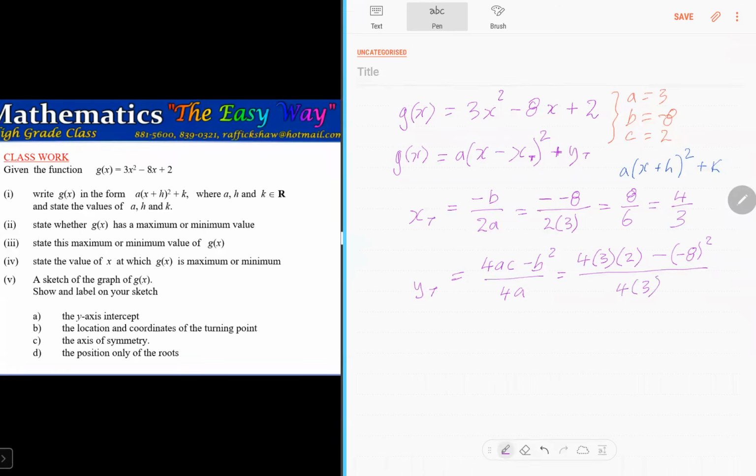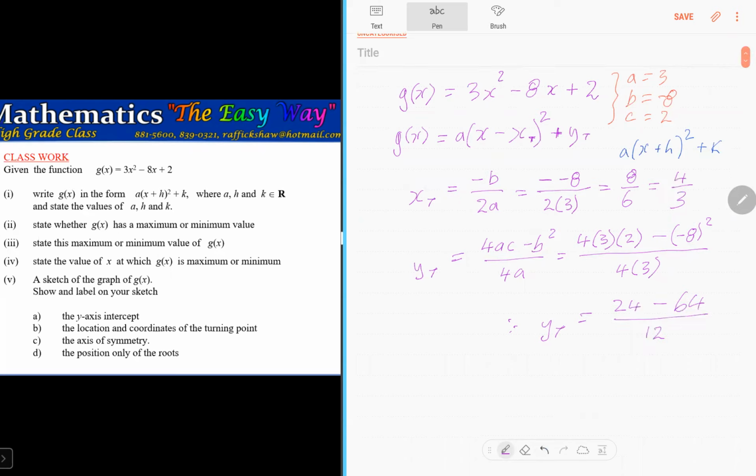When you work out the value of yt, 4 times 3 is 12, and 3 times 2 is 24, minus that minus coming back here because it's not squaring. And negative 8 squared is 64. So this now is the 64. And you divide that by 4 times 3, which is 12.